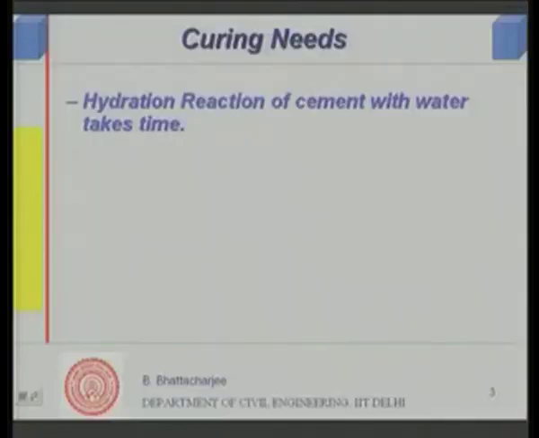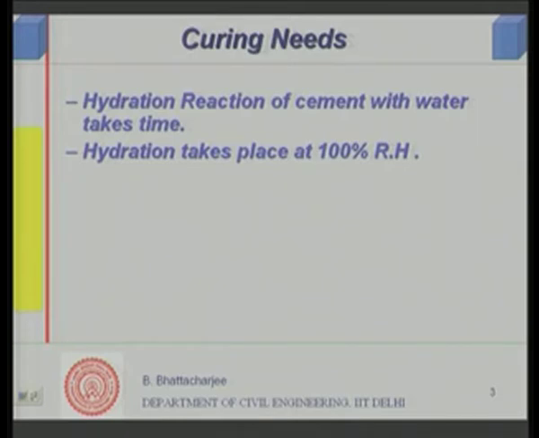Now, this reaction is never instantaneous, it takes time, and therefore, since it takes time, the condition must be conducive for the reaction to continue.